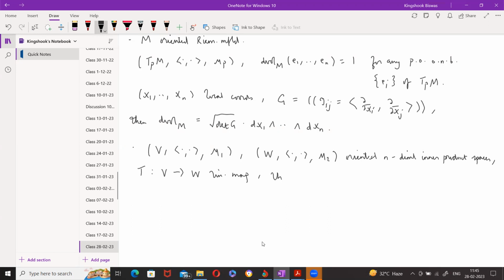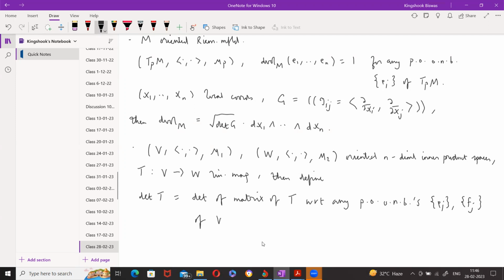Okay. Then we can define its determinant to be the determinant of the matrix of T with respect to any positively oriented orthonormal bases e_i, f_j of V and W. Okay. So why is this well defined?